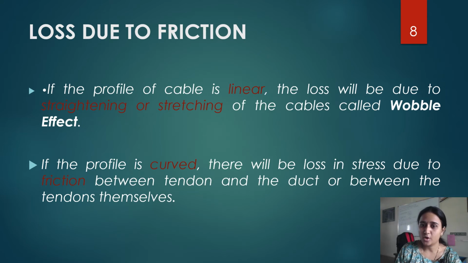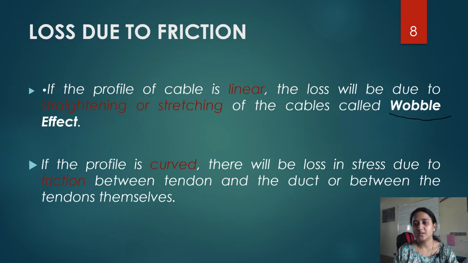So the next important loss is loss due to friction, and this loss is only there in post tensioning members. If the cable profile is linear, the loss will be due to stretching or straightening of the cables, called the wobble effect.